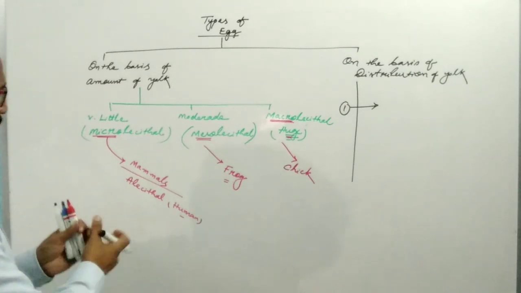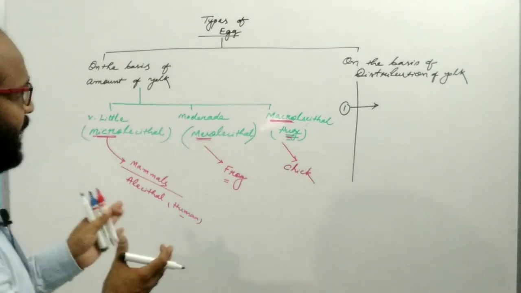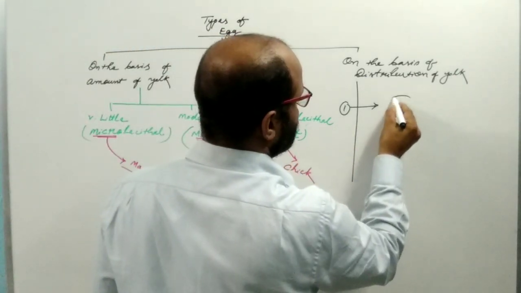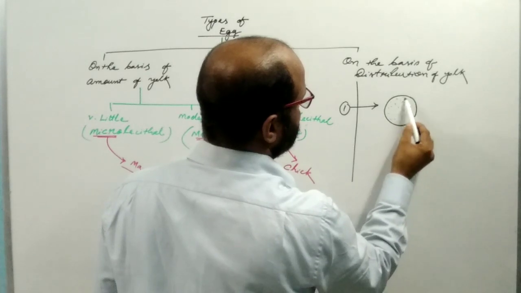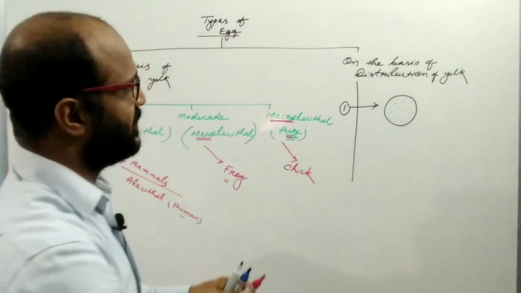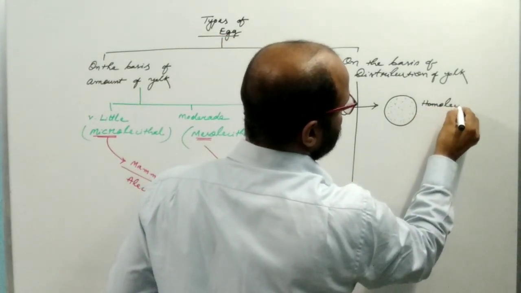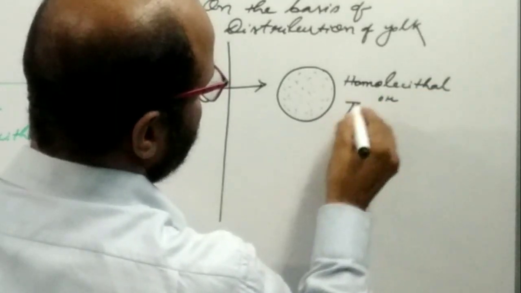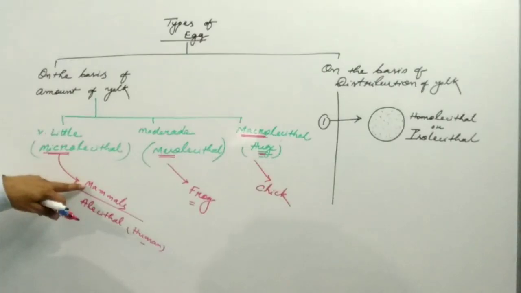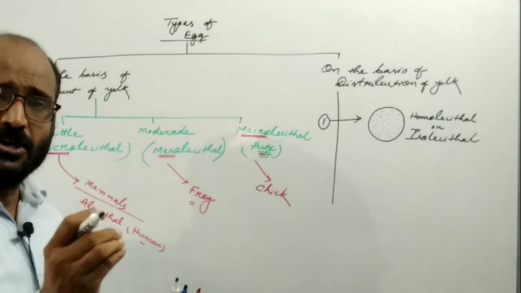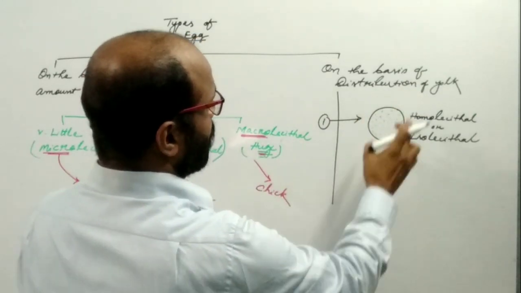If the yolk is distributed uniformly throughout the ooplasm, then the egg is known as homolecithal or isolecithal egg. In mammals, the yolk amount is very little, that's why the yolk is distributed uniformly throughout the ooplasm.